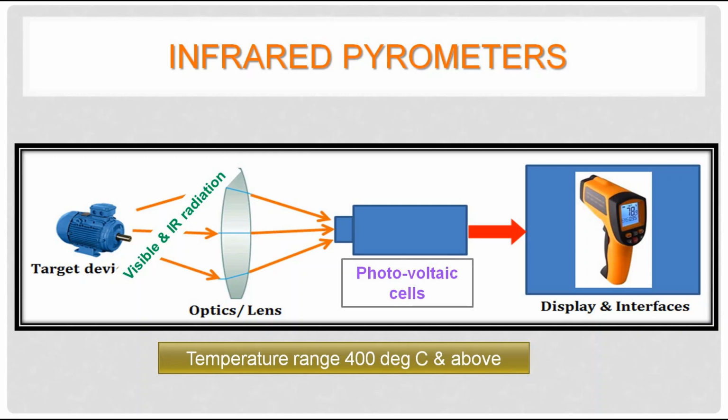Basically, photovoltaic cells are used in radiation pyrometers as they respond to wavelength in infrared region. All infrared systems depend on the transmission of infrared radiant energy being emitted by a heated body to a detector in the measurement system. The sensor head is focused on the object whose temperature is being measured or controlled.